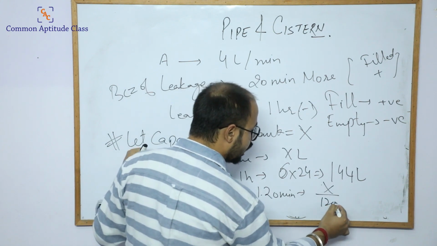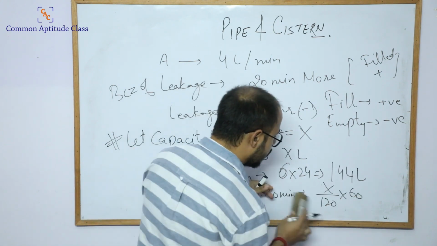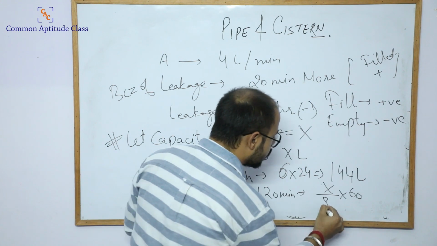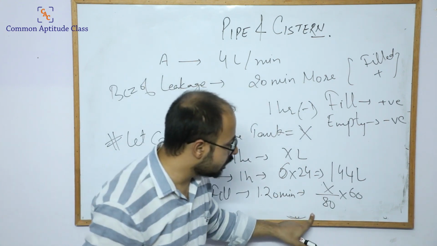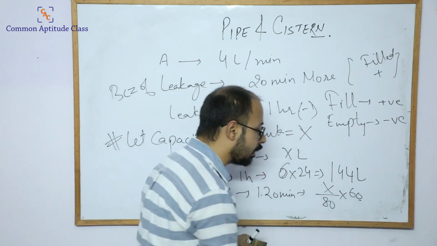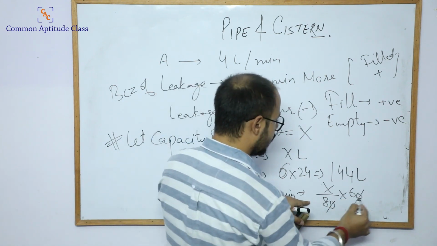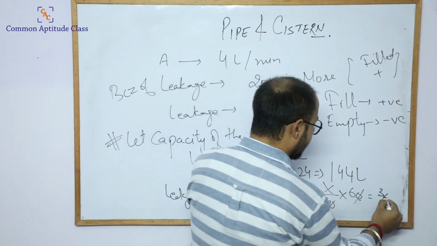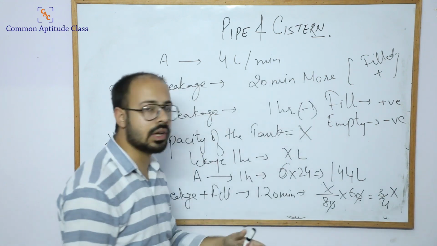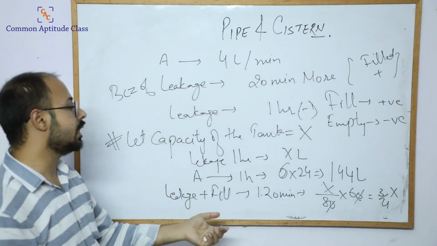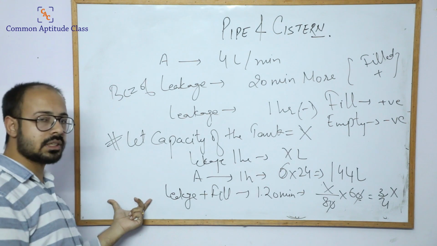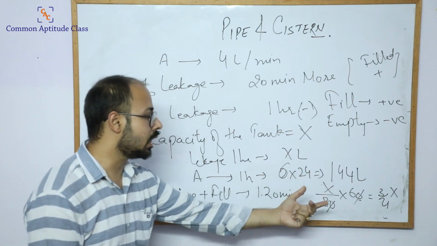X by 80 into 60, sorry, that is 1 minute's work multiplied by 60. So solve it: 3 by 4 X. Now done.